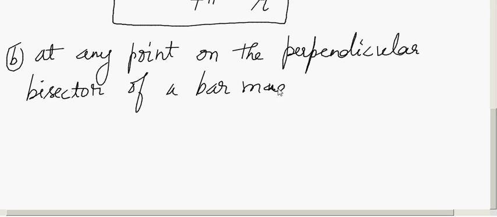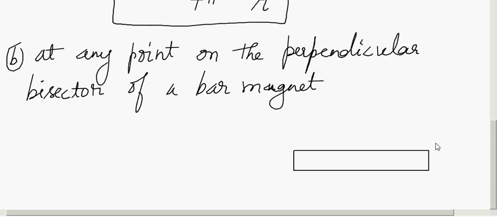We will consider the same bar magnet. We are going to find out the magnetic field at any point on the perpendicular bisector. So let us say the magnetic dipole moment of this is m. This can be a perpendicular bisector, so this is P. If you find out the magnetic field, the direction will come like this.